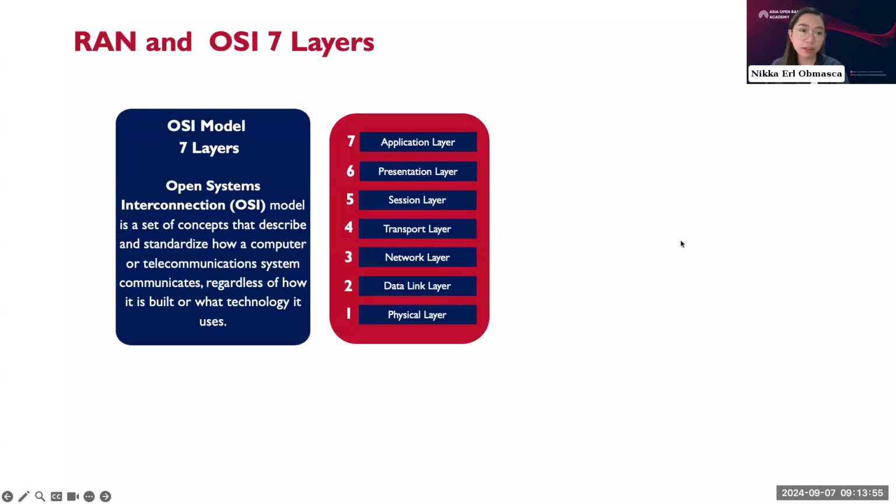Next, the fourth is the transport layer. So ano ba yung meron sa transport layer naman natin? Yung transport layer natin, ine-ensure naman niya na yung data natin is being sent reliably.